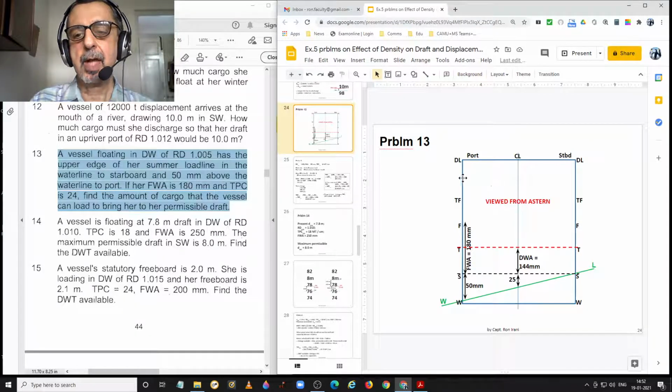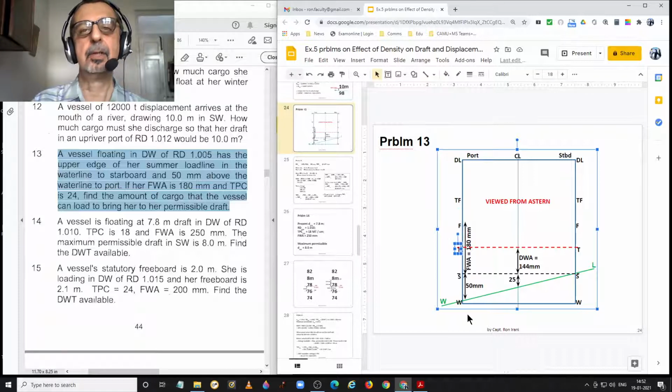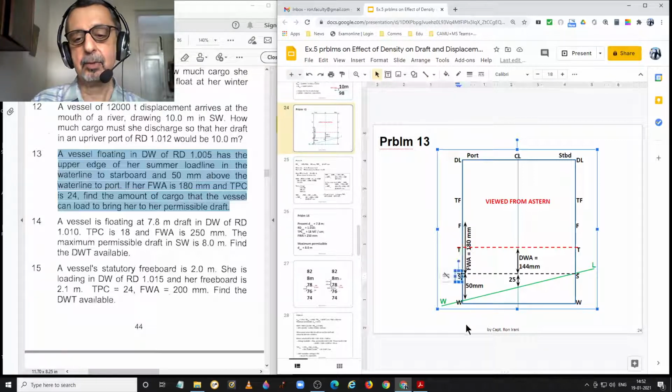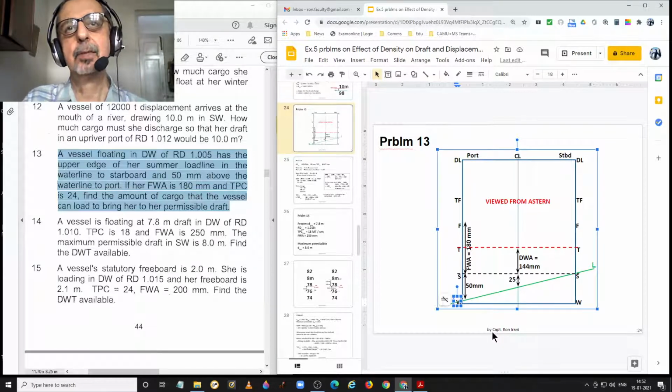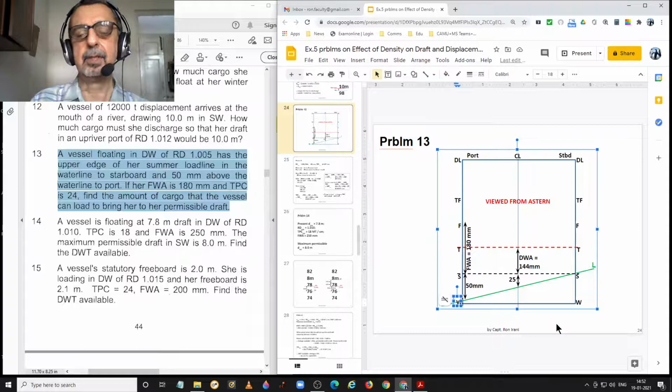So I've just drawn this rectangle for you, starting with the deck line, DL. Then you have the tropical fresh load line, the fresh load line, tropical load line, summer load line, the winter load line, and if the ship has a winter North Atlantic load line, it will be over here, and the rectangle will be extended still further down.